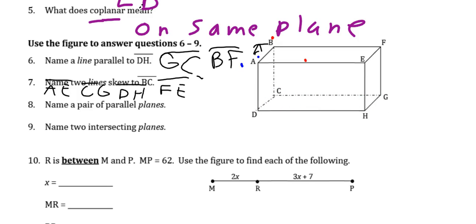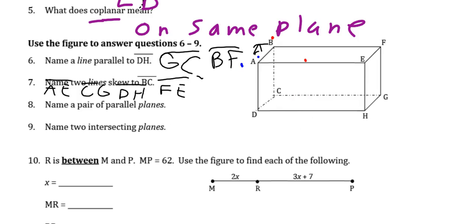Okay? If I drew this wall, what is parallel to that wall? Oh, it's board. What's parallel to that wall? This wall. So the left side is parallel to the right side.